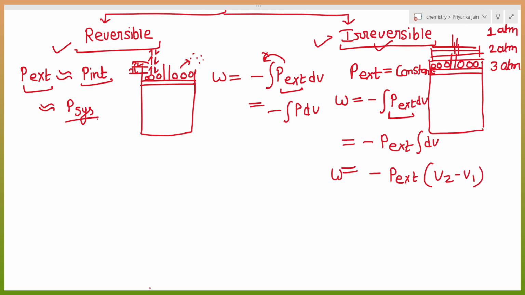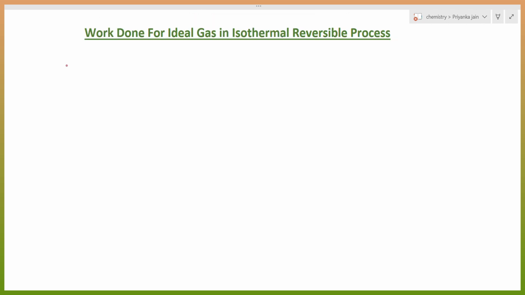Okay, this is a general thing that we are seeing about the reversible and irreversible processes. Now we will consider both of these terms one by one. So see here. Alright, now see work done for an ideal gas in isothermal reversible process. As we know, reversible process is an ideal process and we are taking here ideal gas. So whenever we are seeing the ideal gas, one thing you should remember, we are using here the ideal gas equation.